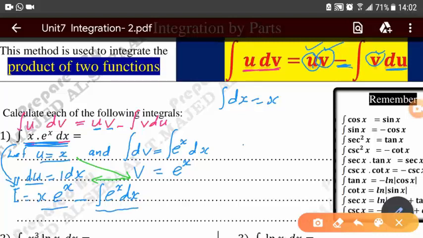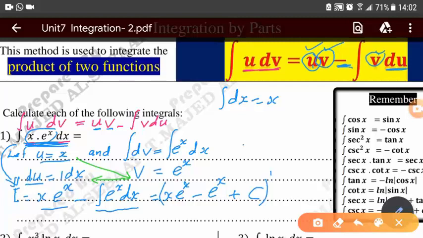So the answer is going to be equal x e^x minus, what is the integration of e^x? e^x, and plus c. If you want to make sure that your answer is correct, just differentiate this. If you get this, that means your answer is correct. And if you do that, it will be correct.